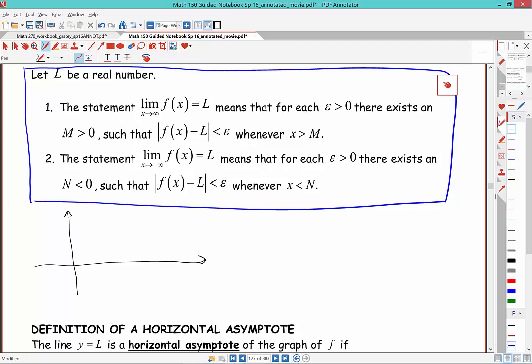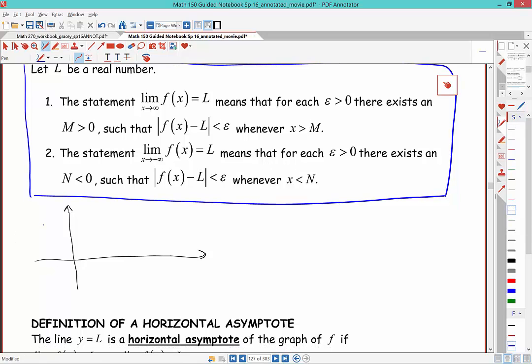and let's suppose that x is approaching positive infinity in this one, all right? So if we have some graph, let's say that we have, I don't know, something like this.